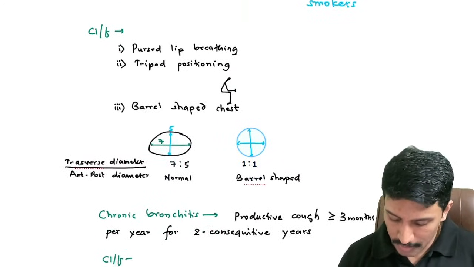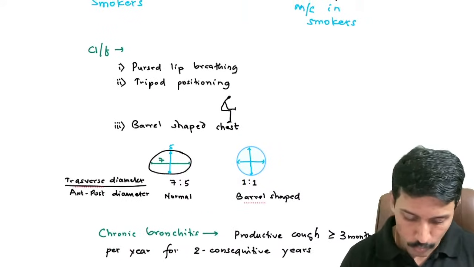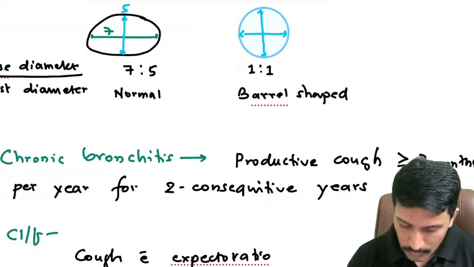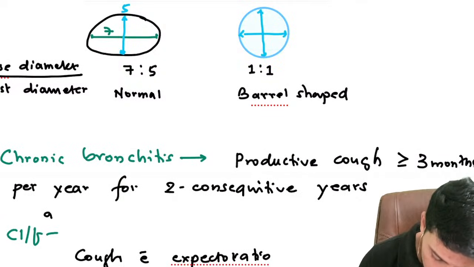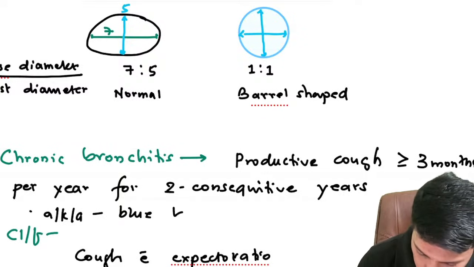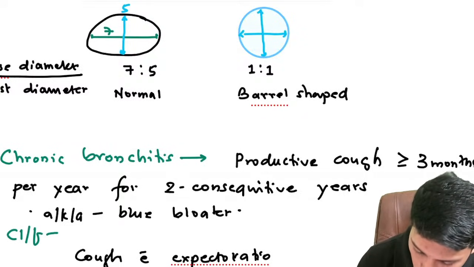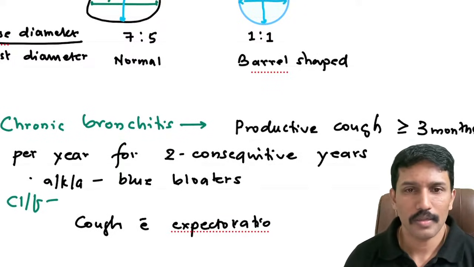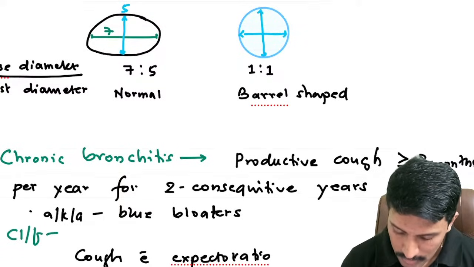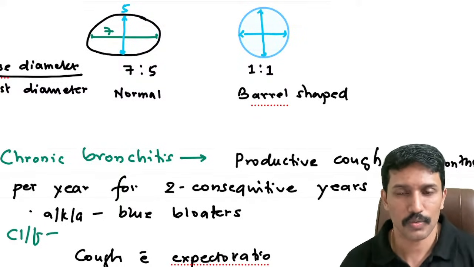Now these patients of chronic bronchitis are also known as blue bloaters. Why are they called blue bloaters? Well, number one, they are called blue because there is cyanosis. Why is there cyanosis?